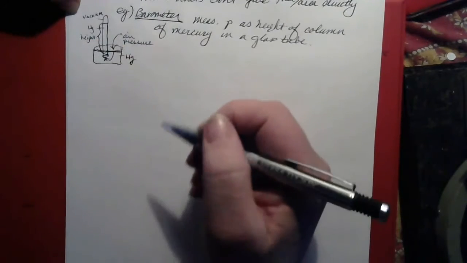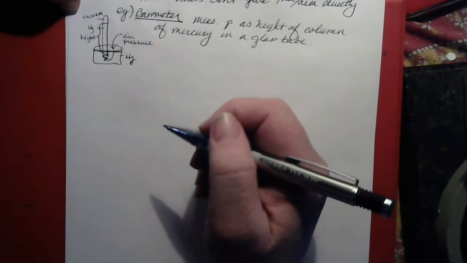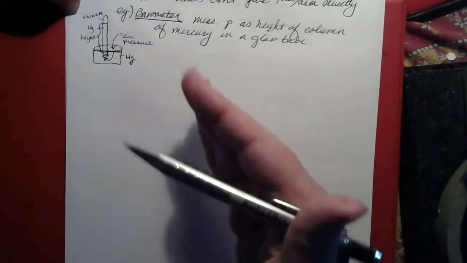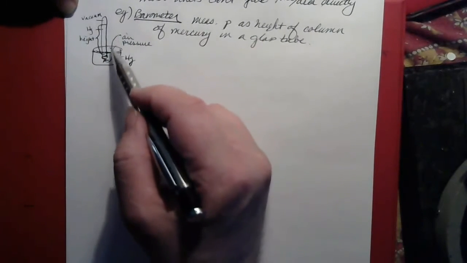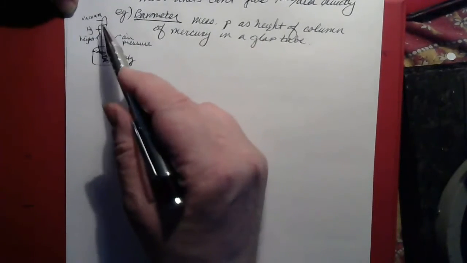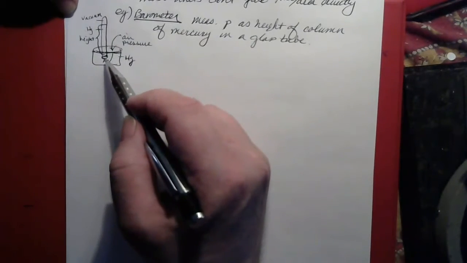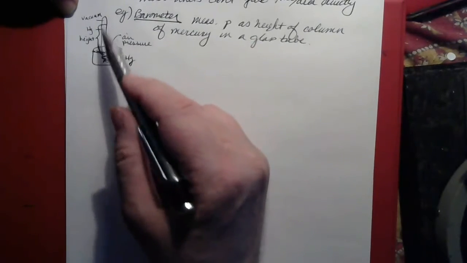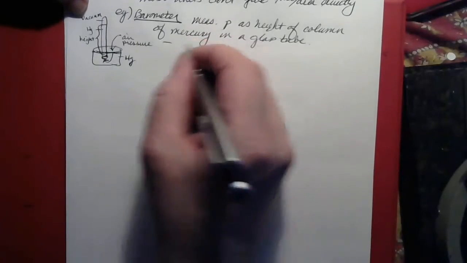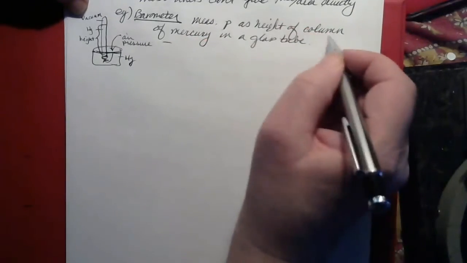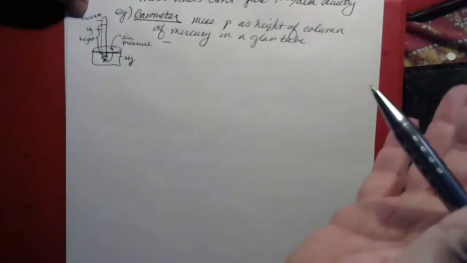And all you have to do is measure the height of the mercury in the column, and that will represent the pressure of the air. If the pressure of the air drops, then the pressure on the surface of the mercury drops, and that allows some of the mercury to come back down out of the tube, and the height of the mercury column drops. Okay, the height of the column is very easy to measure.